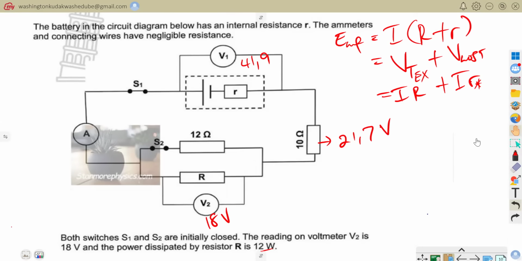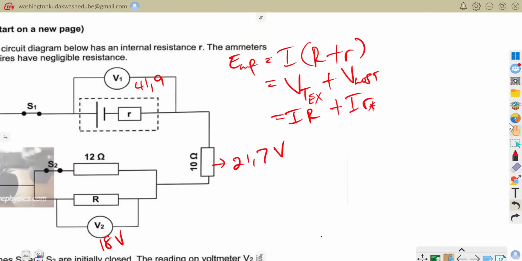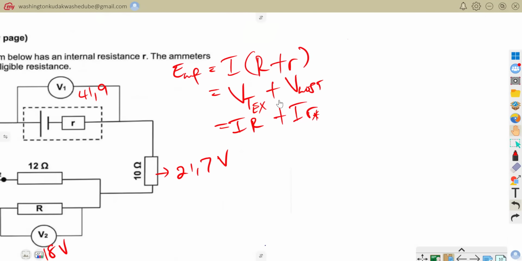So let me feed in the values there. Here I've got 41.9 being equal to this one. We calculated it to say we have got 21.7 plus 18, and then I would have my V lost.